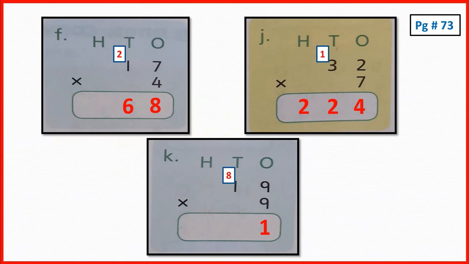Now add 8 tens into 9 tens. 8 tens and 9 tens equal 17 tens. 17 tens equals 1 hundred, 7 tens. So write 7 tens in the tens column and write 1 hundred in the hundreds column. So the answer is 171.